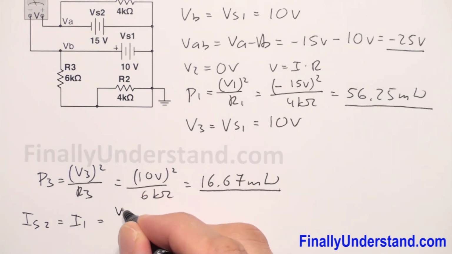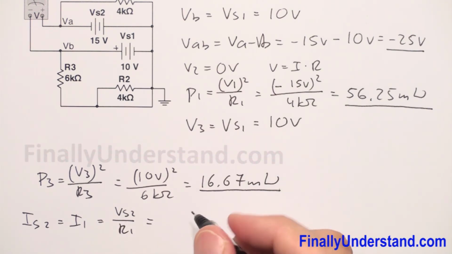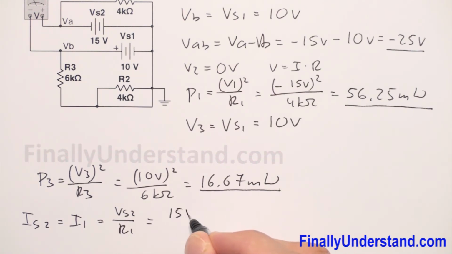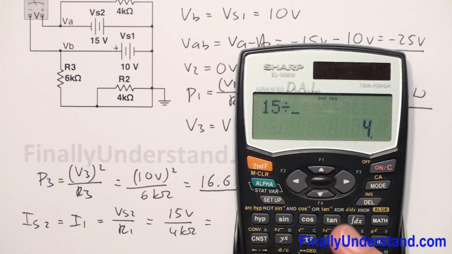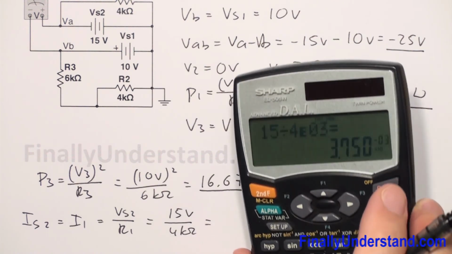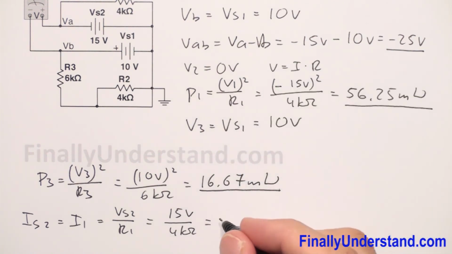Simply divide voltage source 2 over R1. Voltage source 2 is equal to what? 15 volts over R1, 4 kilo ohms. This is equal to 15 divided by 4 times 10 to the 3, which equals 3.75 milliamps.